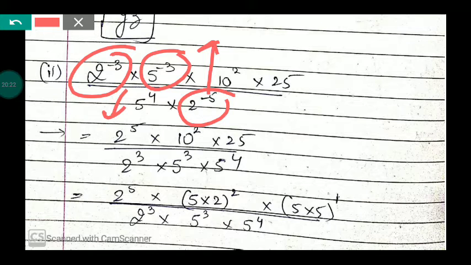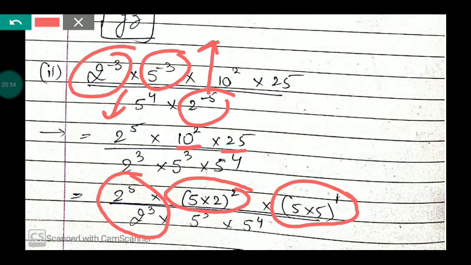Rest all remains the same. Here 10 square is 5 twos, and 25 is 5 fives. Then you can equate this both. 5 minus 3. You can apply this power to both the individual ones. Similarly, this power to both the individual ones. But any number with power 1 is the number itself.